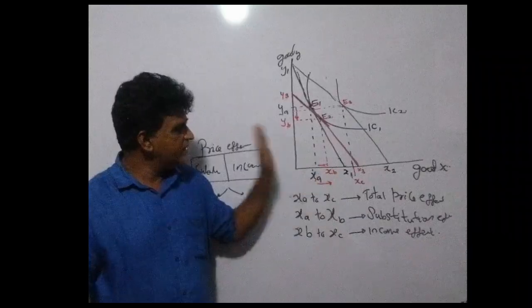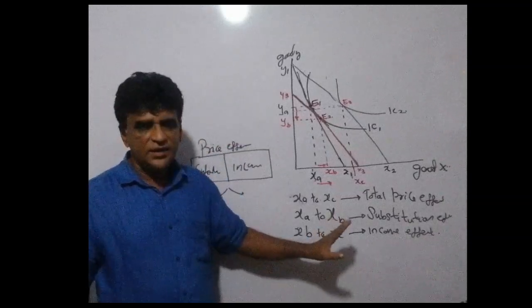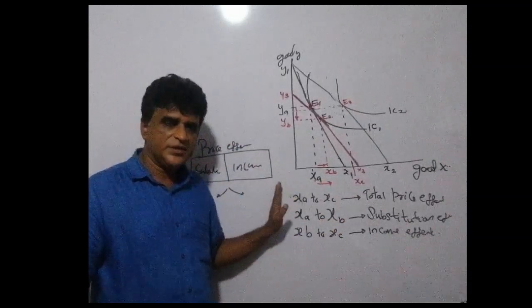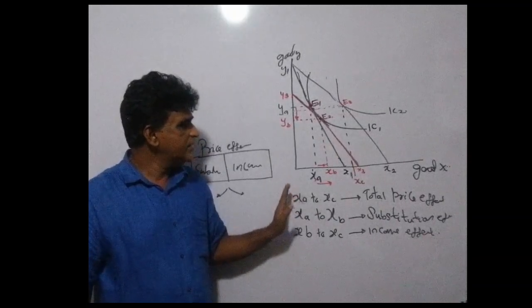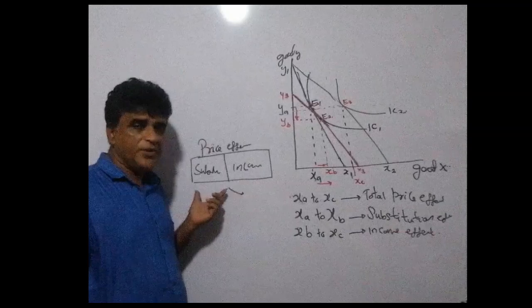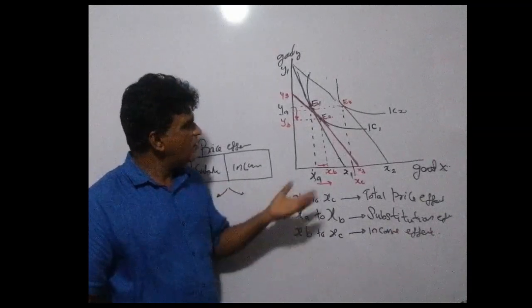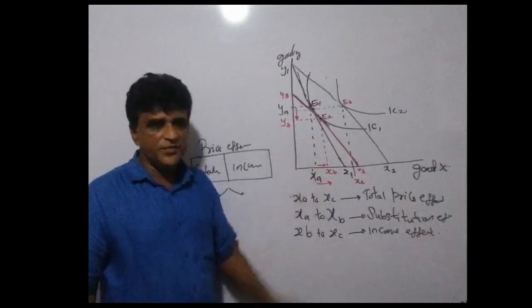Now after Hicks, we'll see how Slutsky explains the same concept. Slutsky also decomposed the income effect and substitution effect. Most of it is the same, but there are some differences.